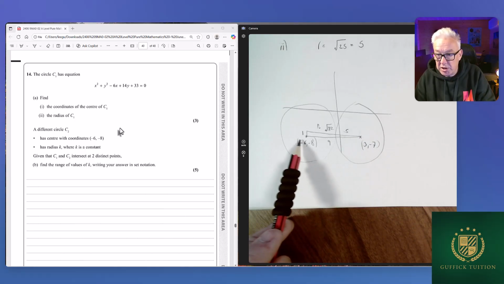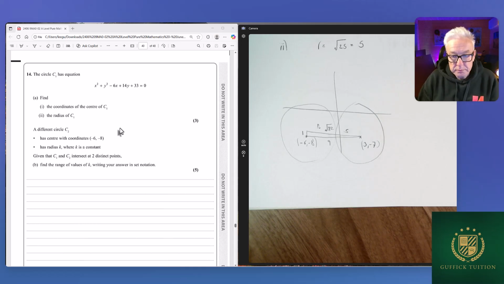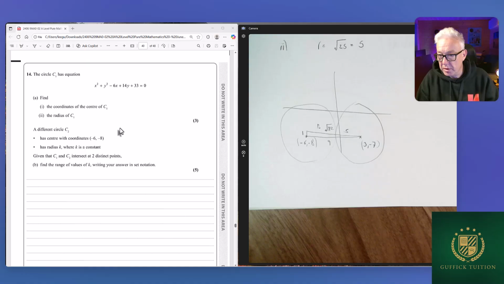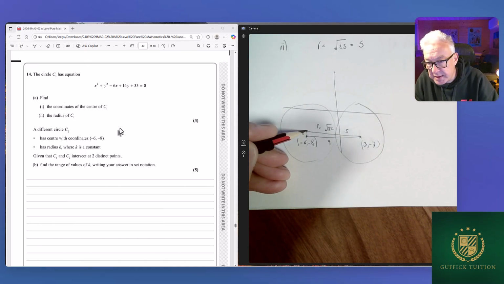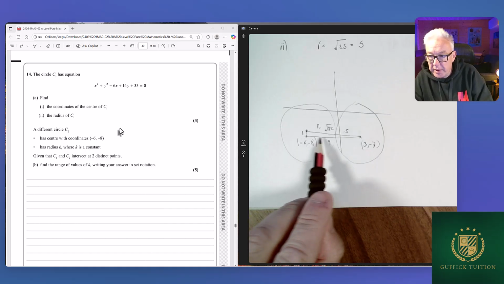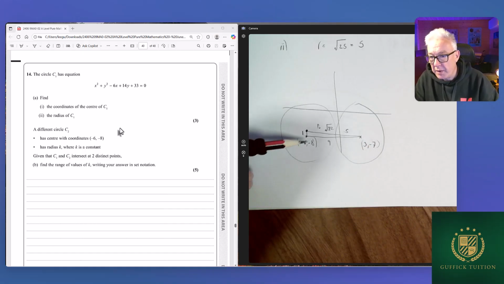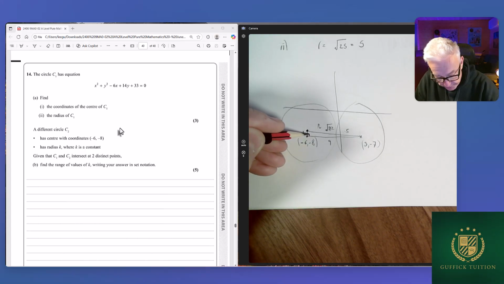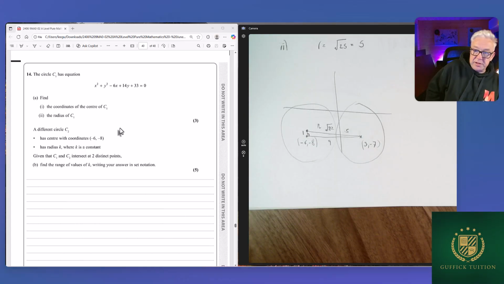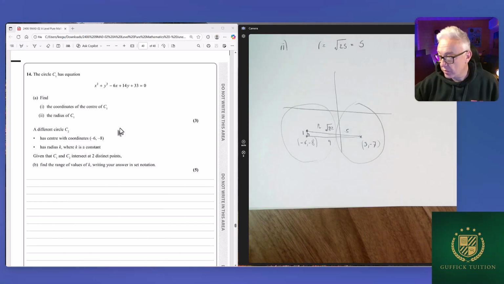It's actually the hypotenuse of a little triangle, and when you calculate that, it turns out that distance is root 82, because we've got 9 going along from -6 to 3, and we've got 1 going from -8 to -7. So we've got a tiny little right angle triangle there, of which the hypotenuse is the distance between the centres. And that distance between the centres is root 82. So root 82 is the distance between the centres.